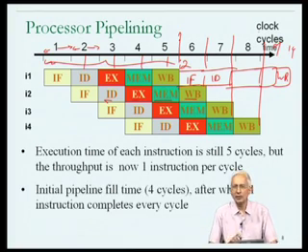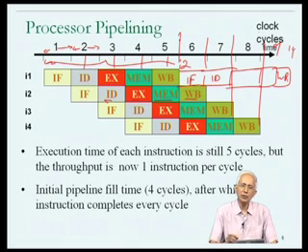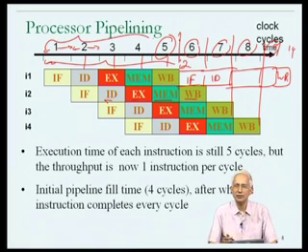Okay. Now the one thing I would want to point out from the perspective of the diagram, since the diagram is up on the screen, is that it is true that an instruction is completing every cycle starting with cycle number 5. In cycle number 5 instruction 1 completes, in cycle number 6 instruction 2 completes, and so on. But if I look at the first 4 cycles, no instruction completed. Therefore I do have to note that there was this initial time of 4 cycles during which the pipeline was filling up when no instruction completed, but after that the throughput of this pipeline is 1 instruction per cycle.